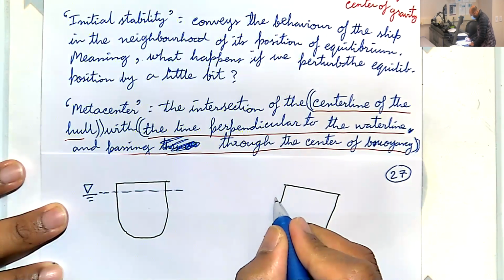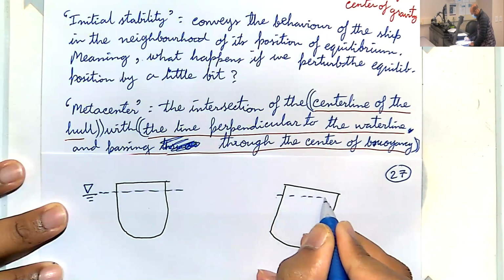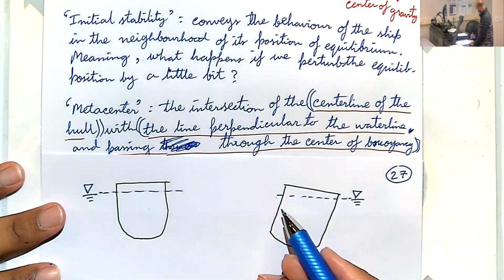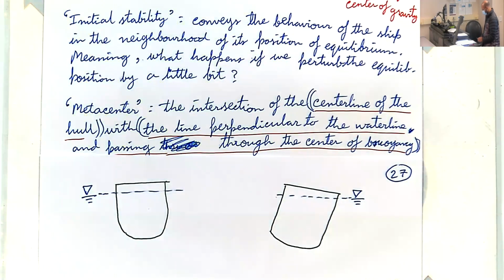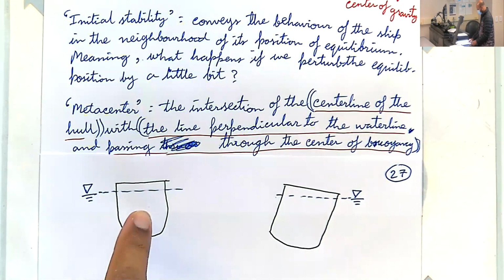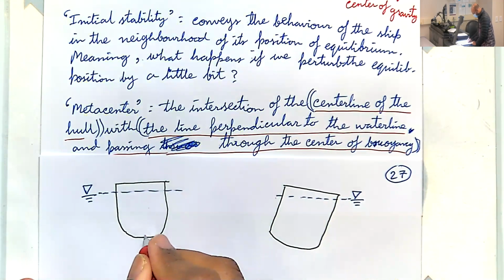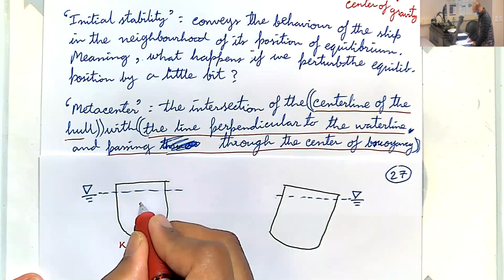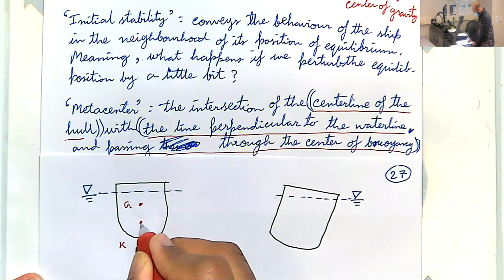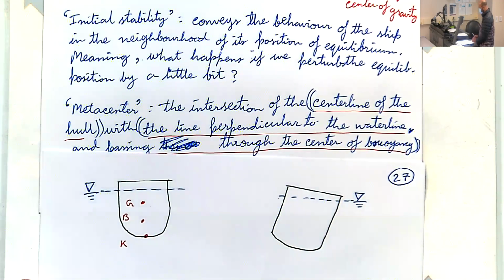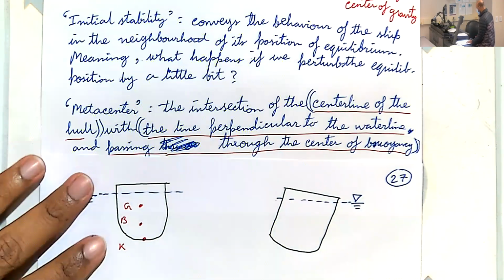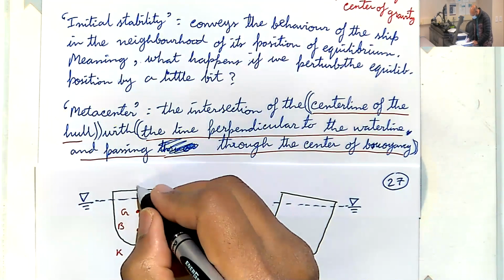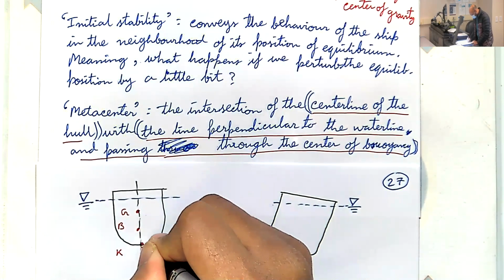And for this guy, hey, remember the water line will stay horizontal. It's just the hull that's tilting. All right, so let's draw a few things. First, we have the keel. We have the center of gravity somewhere, the center of buoyancy somewhere. All right. And let's look at where we would locate the metacenter. So it says the intersection of the center line of the hull. So let's draw the center line of the hull. That's the center line.